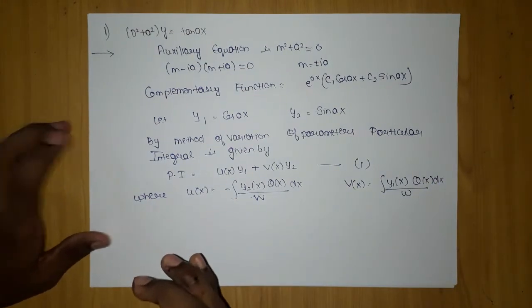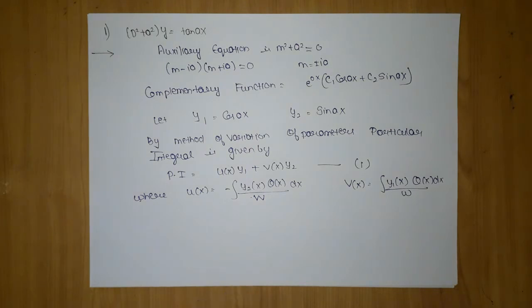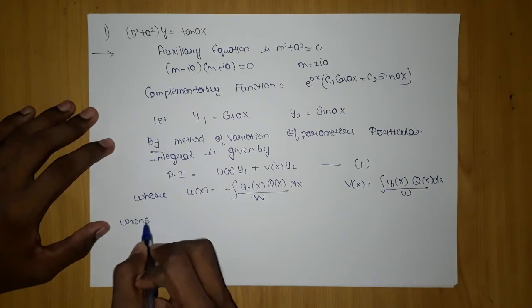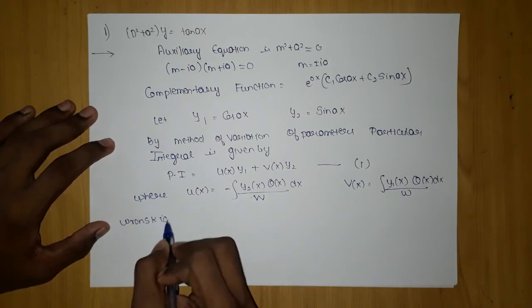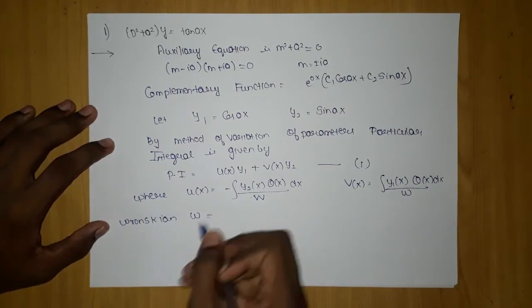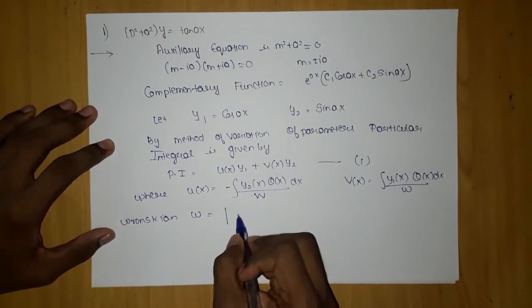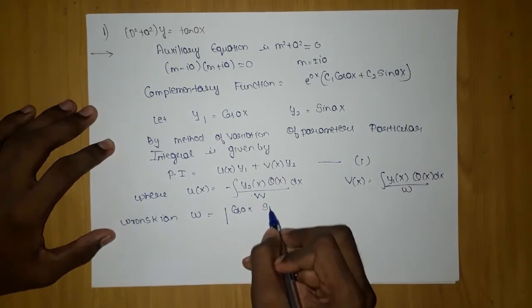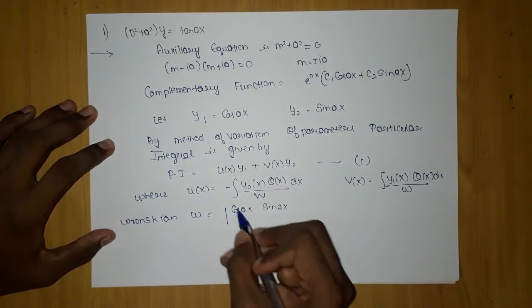Now you need to get your w first. After that you can proceed, because w will be used everywhere. So the Wronskian constant w is given by the determinant with y1 = cos ax, y2 = sin ax. Differentiate this.